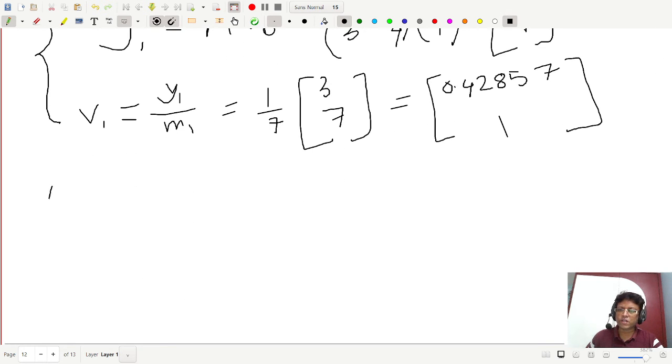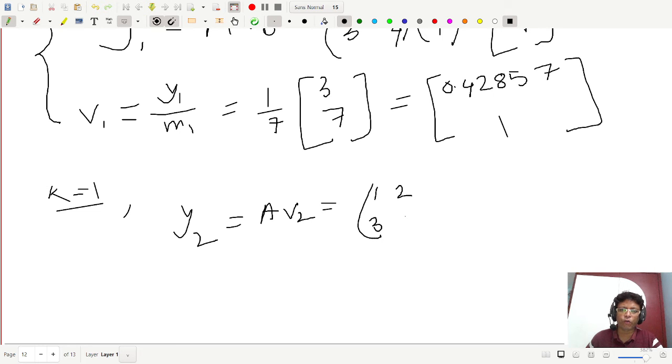Let's come to the second iteration, that is for k equal to 1. You have y2 equal to A v1. A matrix is 1, 2, 3, 4, and this should be your v1, which is 0.42857 and 1.